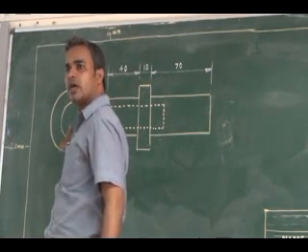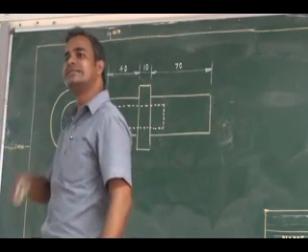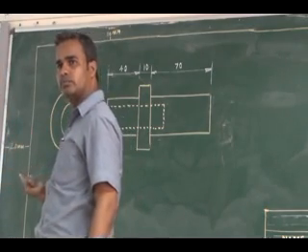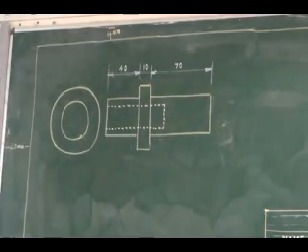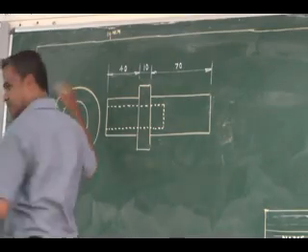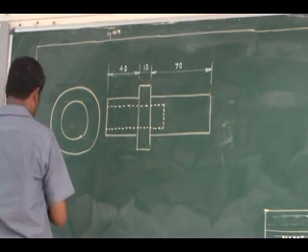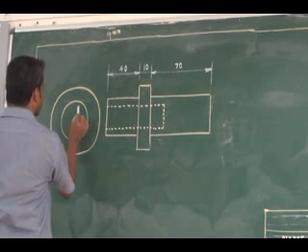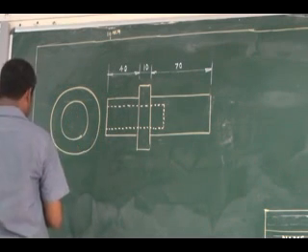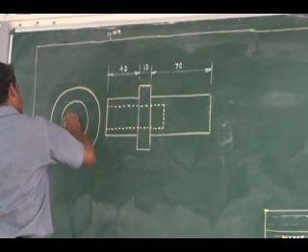It is just a circular cavity inside, so in the side view I can see it as a dotted circle, exactly at this location.